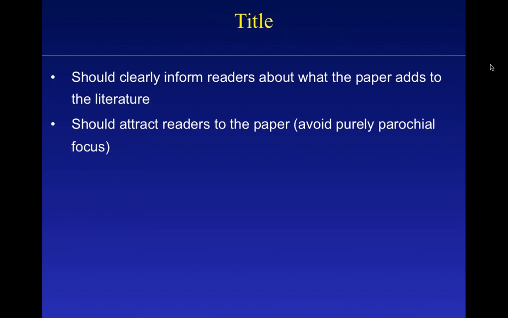Because some of the papers for CJC may have been done in a specific province or a specific region, the title may include something like an analysis of outcomes of such and such in Ontario. I prefer to avoid that kind of title because that seems to be saying to the reader, if you're from Ontario, you'll be interested in this. If you're from Canada, you may be interested in it.